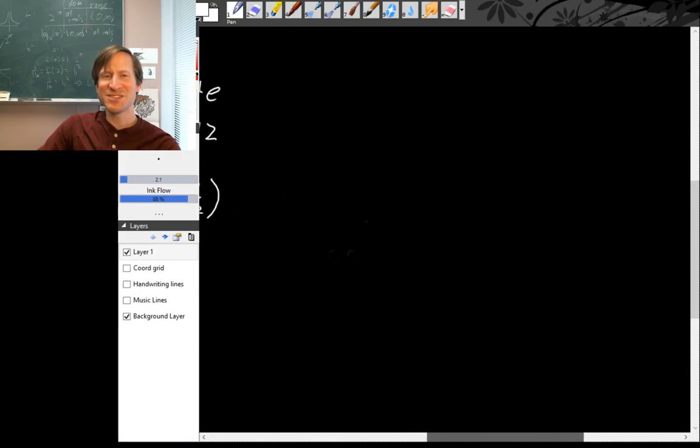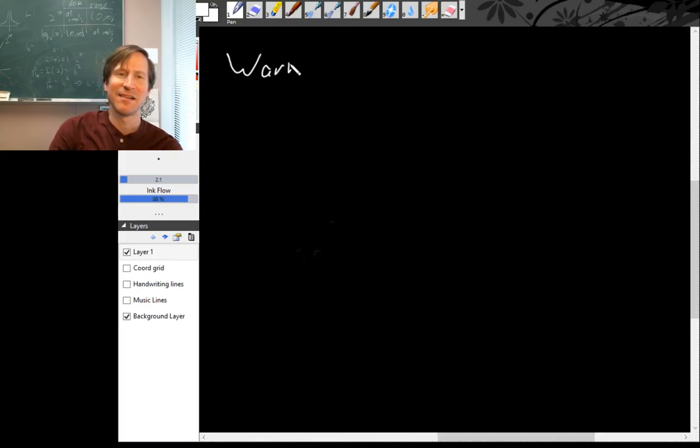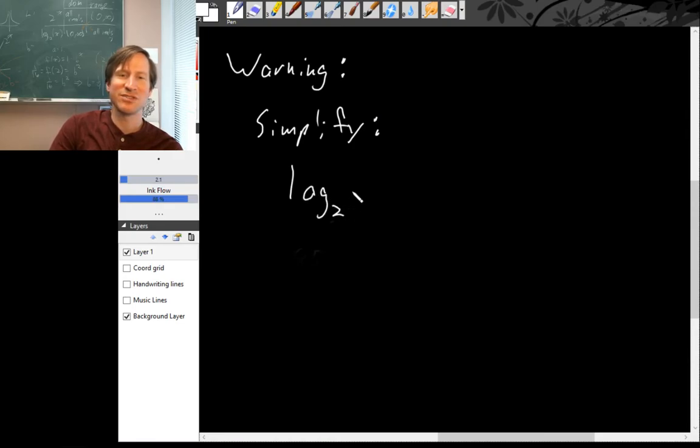Now let's finish this off with a warning. Let's try to simplify one last logarithm. Let's simplify log base 2 of, say, x plus 2.